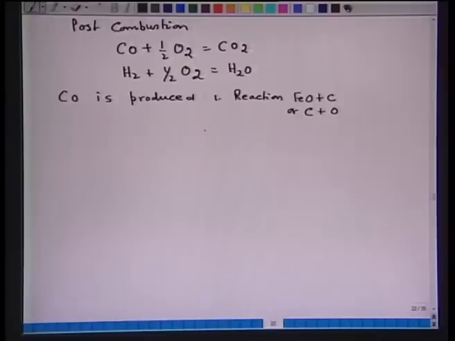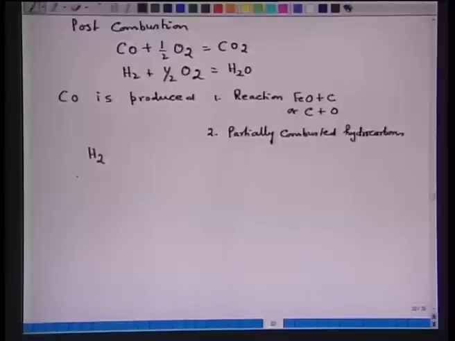Then partially combusted hydrocarbons entering with the scrap. These are say 2 or 3 sources for carbon monoxide generation. Now, hydrogen can be generated by the dissociation of the steam or the water vapor or the moisture that is present in the scrap.